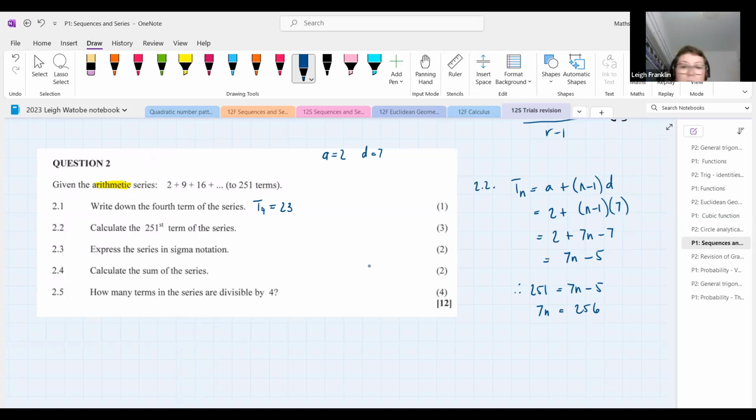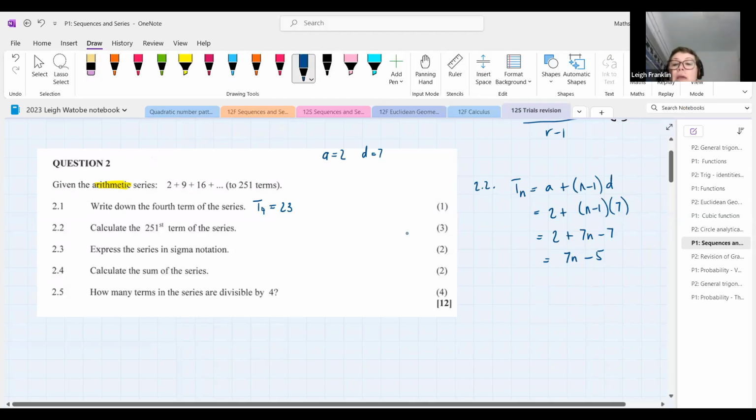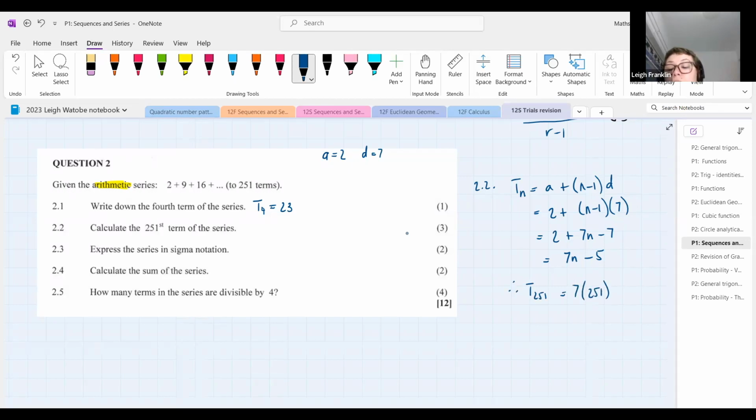What have I done wrong here? Oh, sorry, I see my mistake now. It's the 251st term, so n equals 251. Therefore, term 251 is 7 times 251 minus 5.